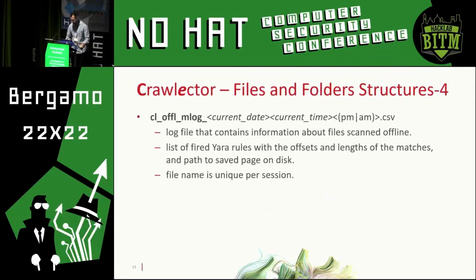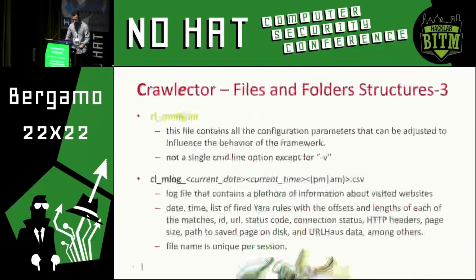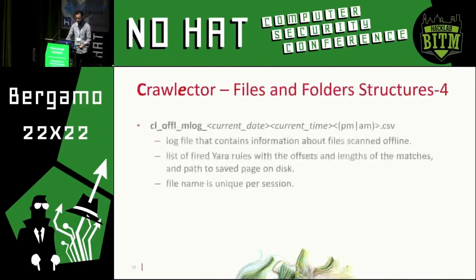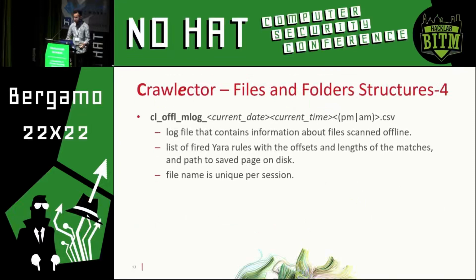And that one, the CLM log, is for online scanning, meaning real-time scanning. In case you want to scan existing files on the system, it will create another session file called offline logs. This contains less information because, of course, if you're scanning something local, you won't be able to query some of the information such as the server headers and whatnot.